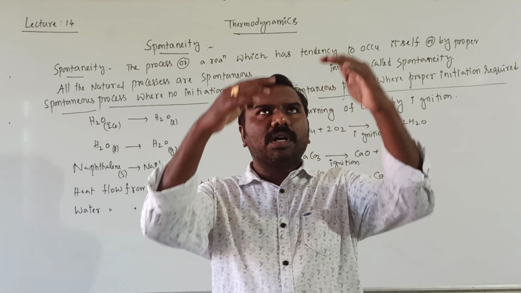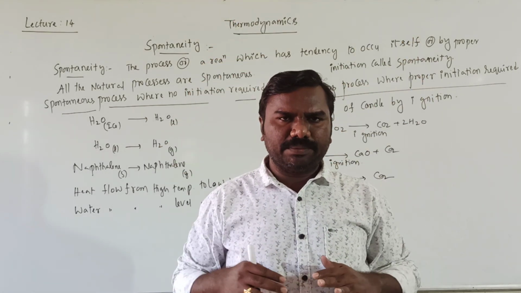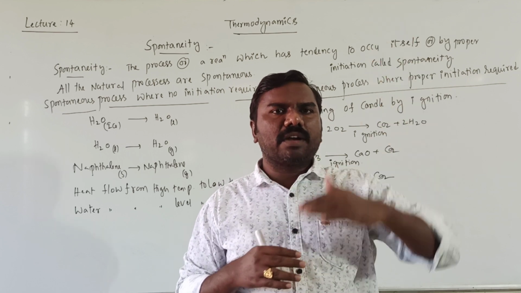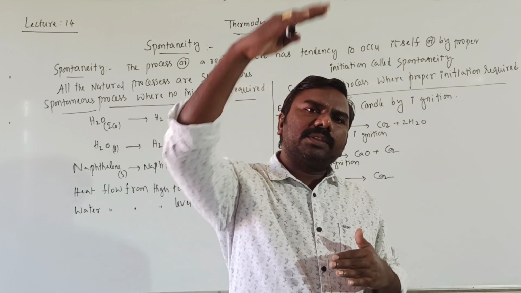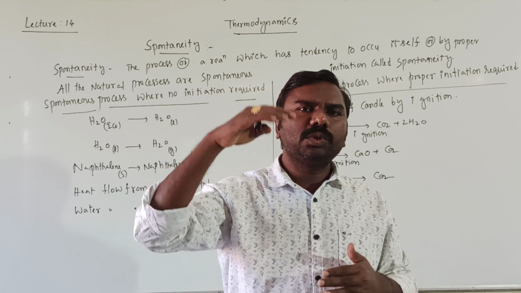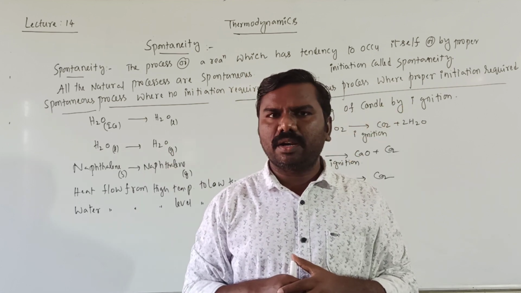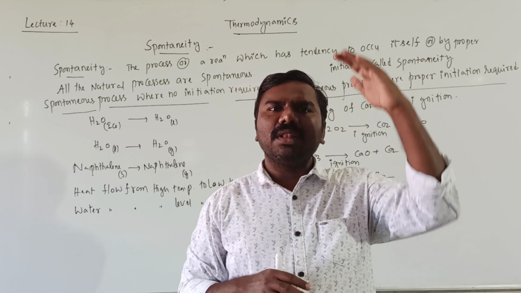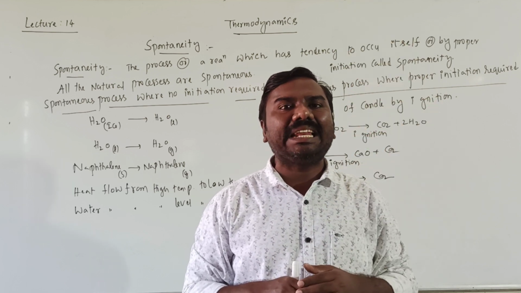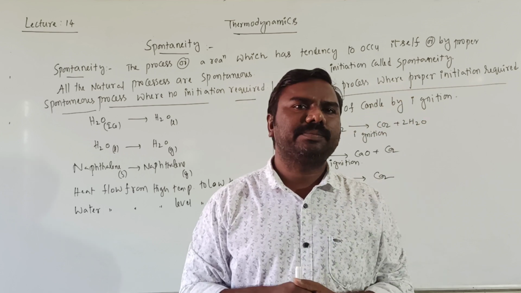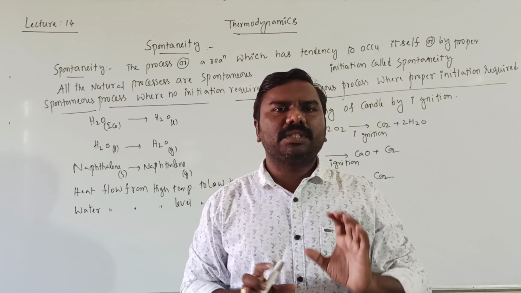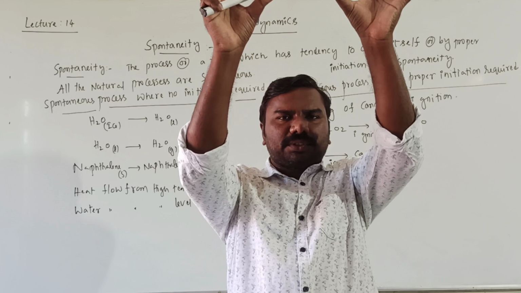For example, water flows from high level to low level. This is a forward reaction. Will it be possible in the backward direction? No. Low level to high level is difficult. Is it right or not? It means all spontaneous processes are irreversible. If you want to reverse them, you need to apply some external force.